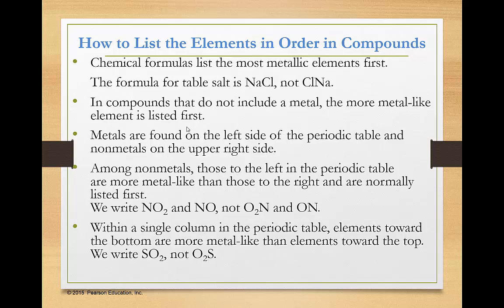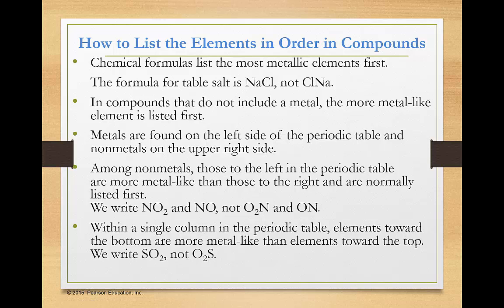So for example, if we look at that formula for table salt that we had, it's written as sodium chloride, NaCl, not chloride sodium, ClNa, or chlorine sodium. The sodium is the metallic element. The chlorine is the non-metallic, so we put the metal first.